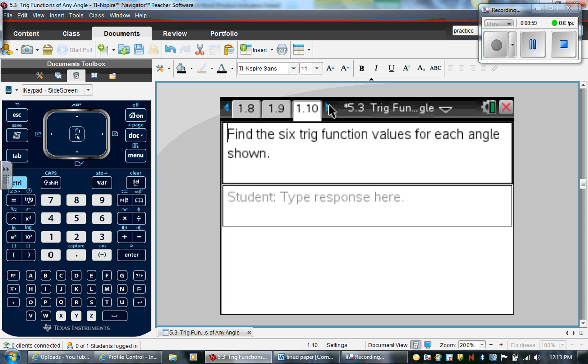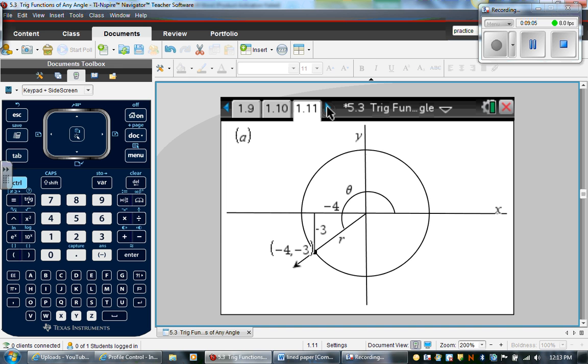All right, so we're going to find the 6 trig function values for each angle shown. Okay, so that's on our next page. All right, so we've got my rotation here.